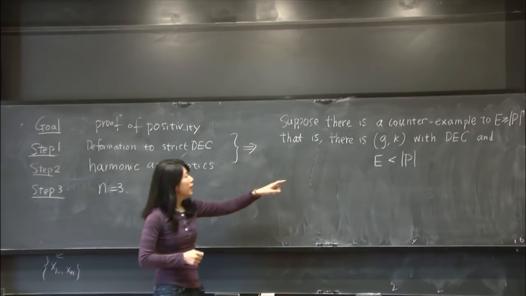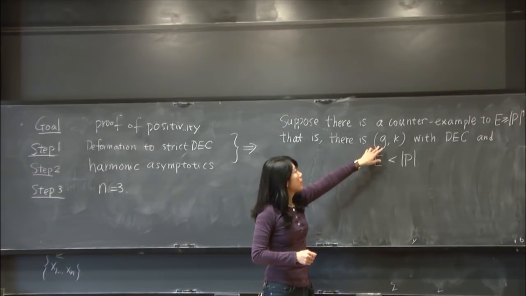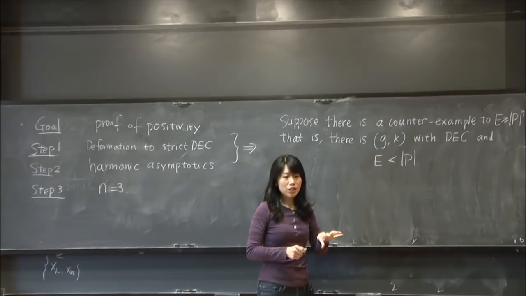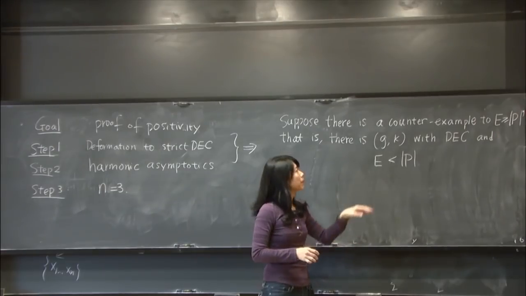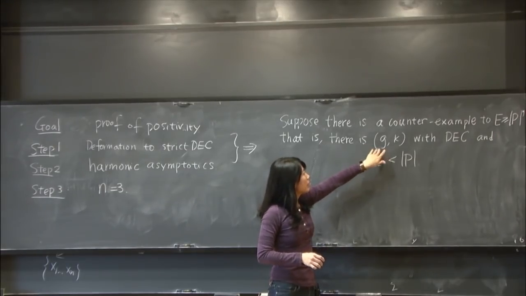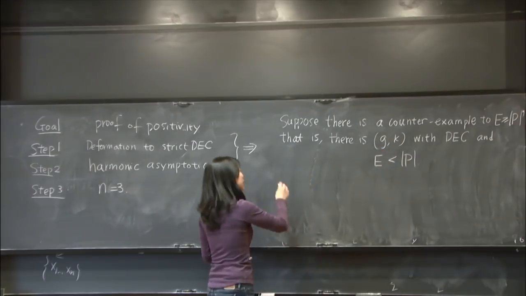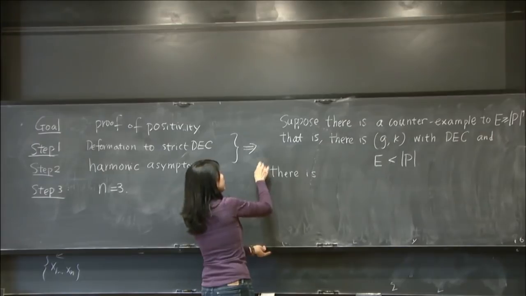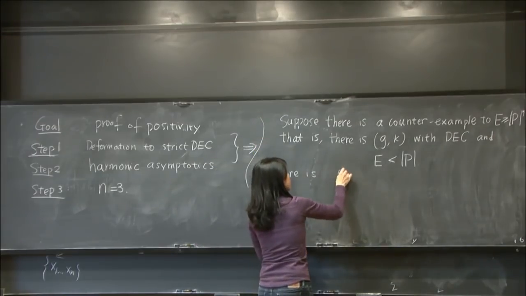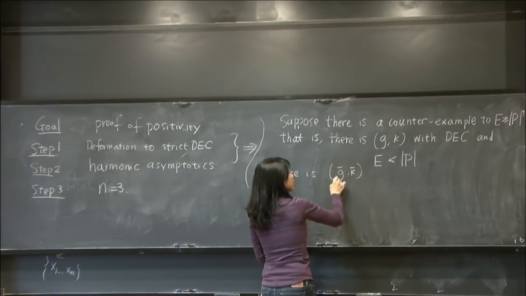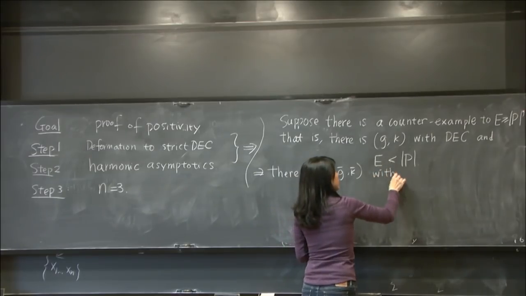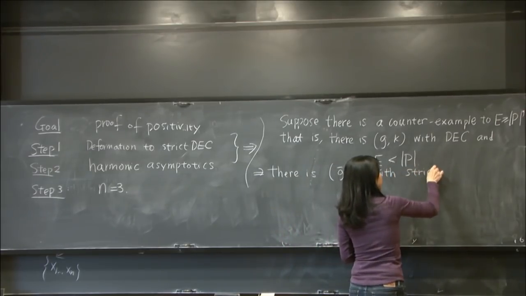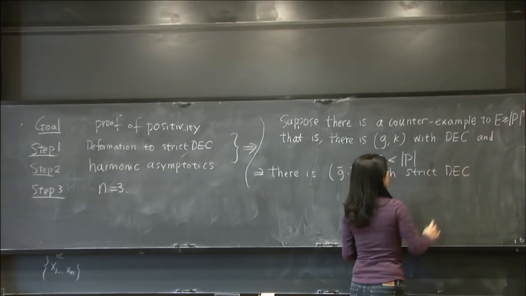And then we can deform, so that will be really closely related to the scalar curvature deformation. So you can deform the pair g and k with the strict dominant energy condition.